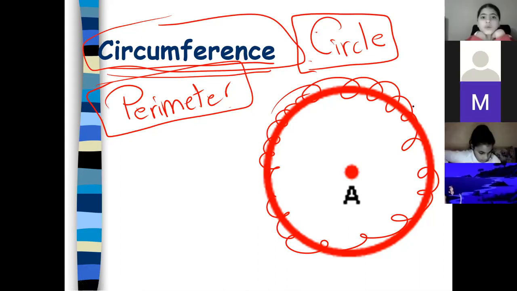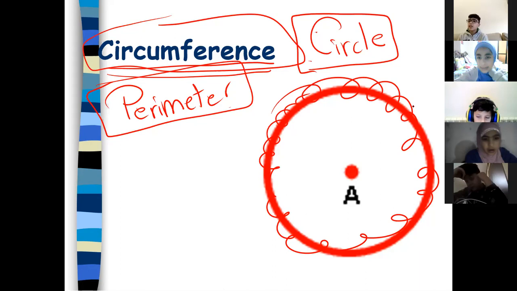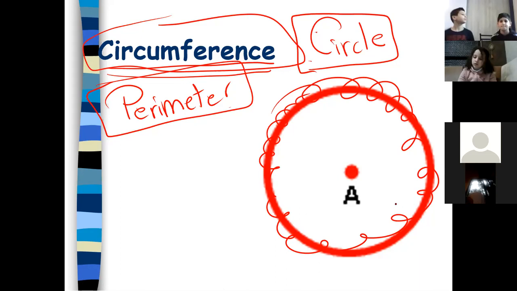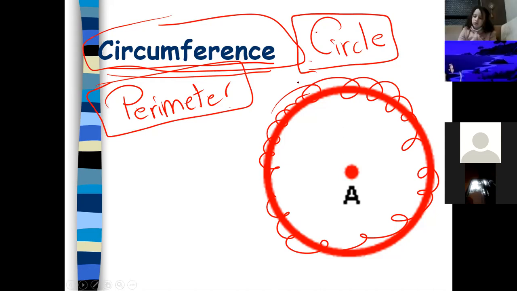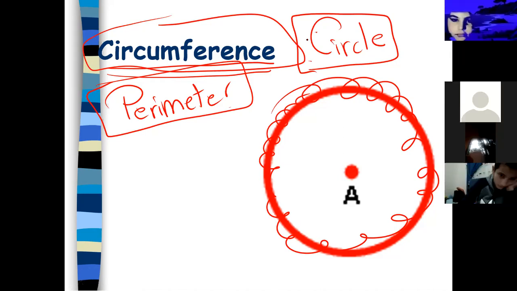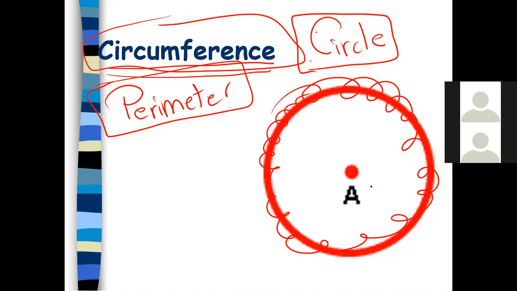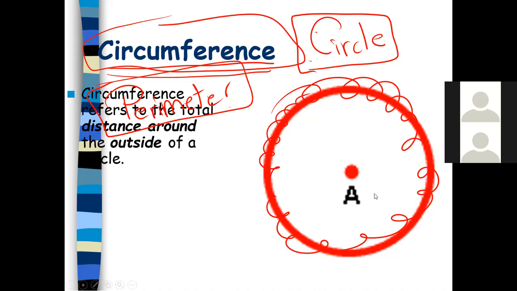Repeat. The distance around the circle. Bravo. Around the circle.